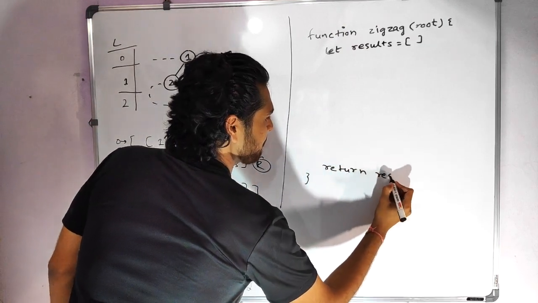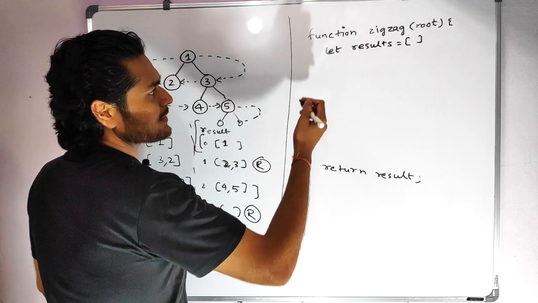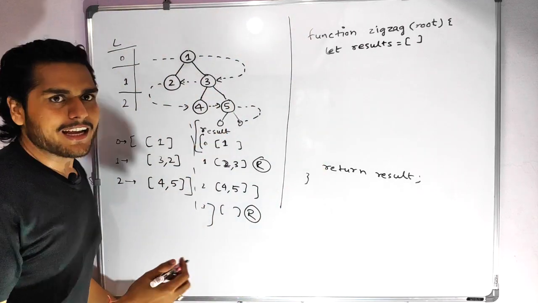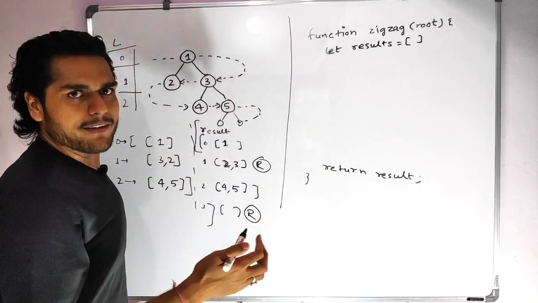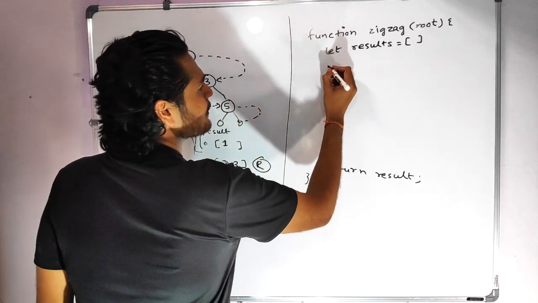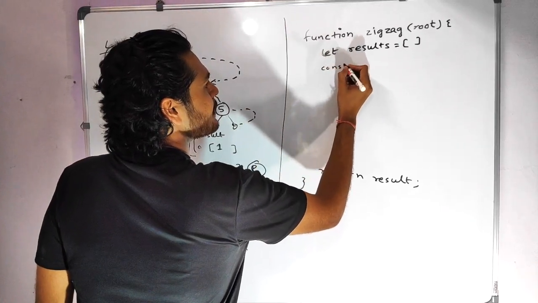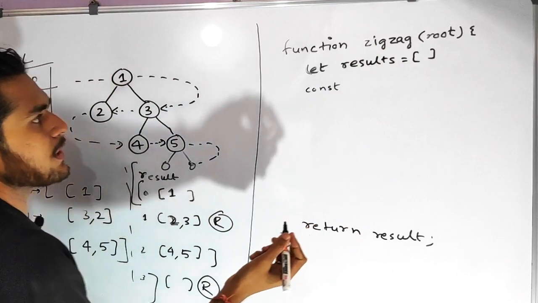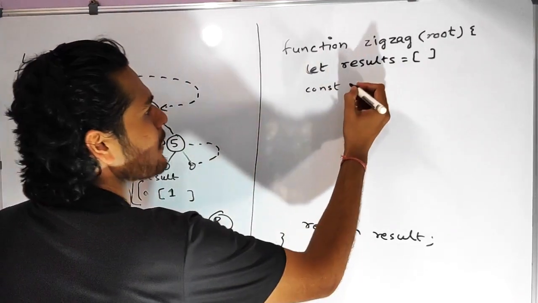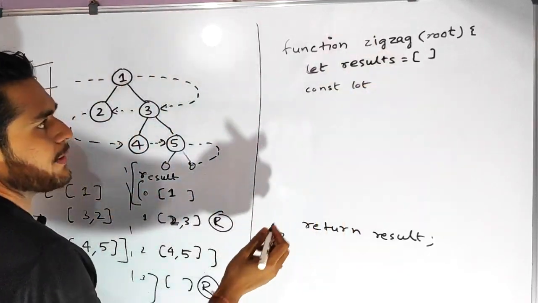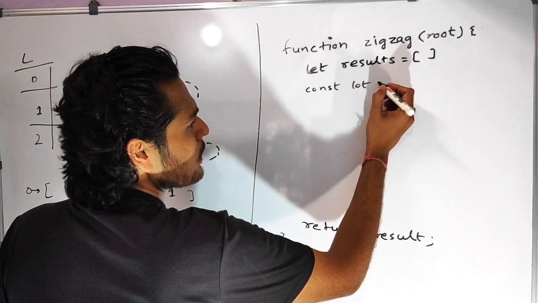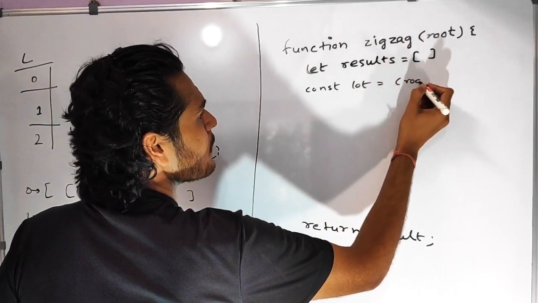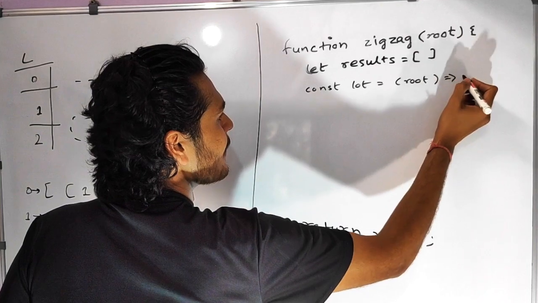Okay, so we'll now try to just traverse this whole tree, and for traversing a tree we'll write a normal recursive function. So something like this. Let's call this function LOT, maybe level order traversal. What this function takes is root as an argument.